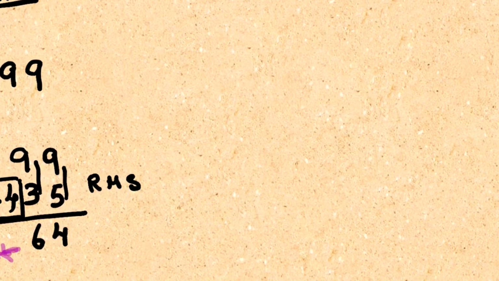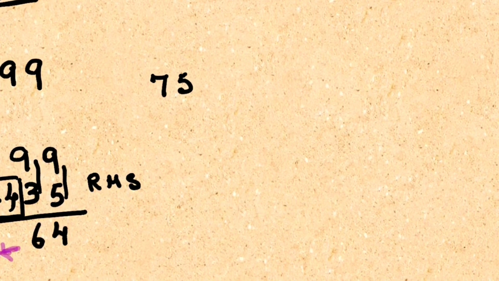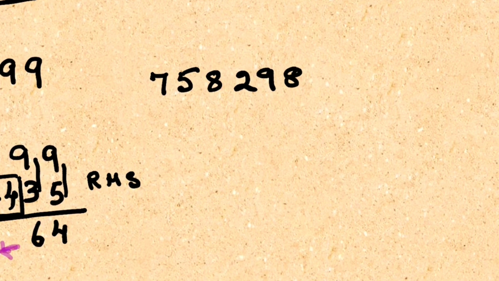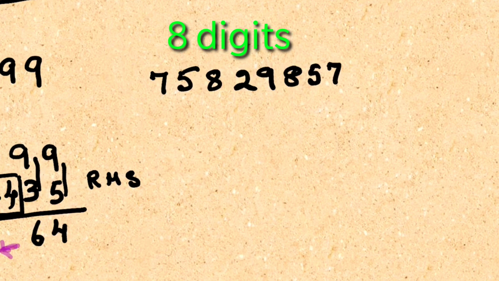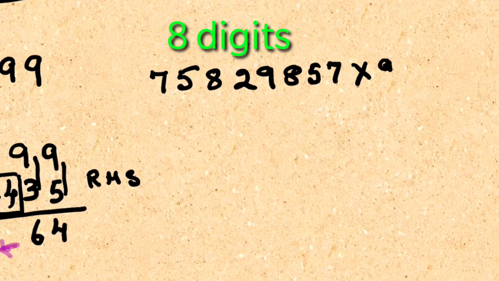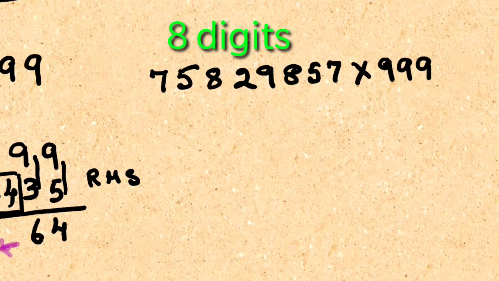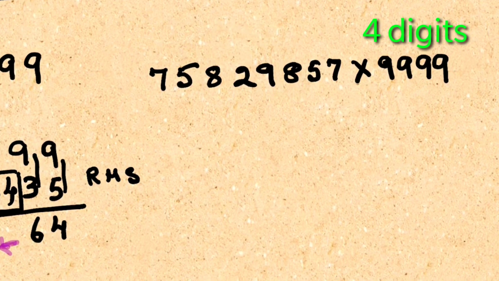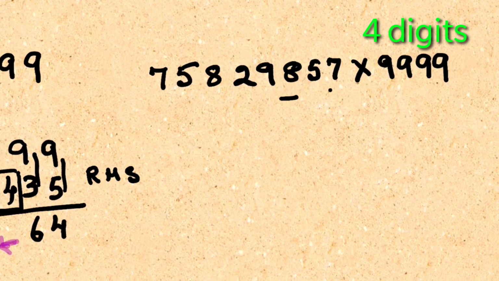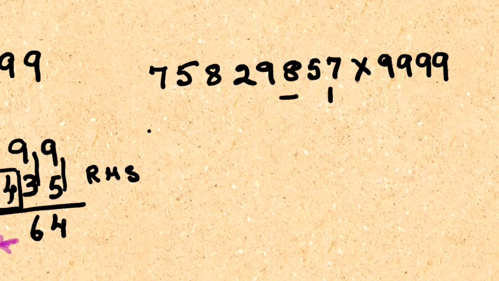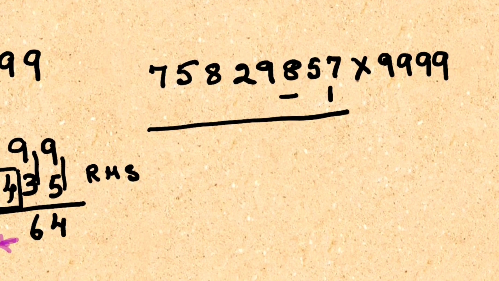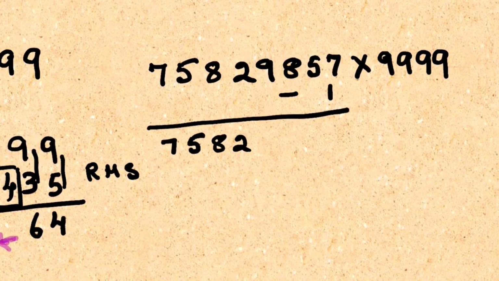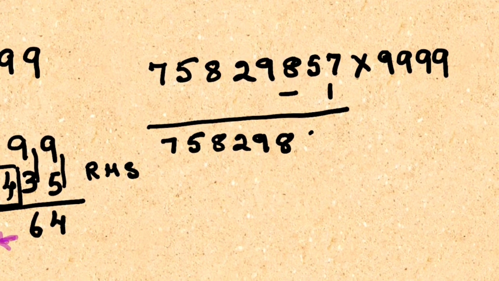Let it be 7, 5, 8, 2, 9, 8, 5, 7 multiplied by 9, 9, 9, 9. Now this is also case 3. What we have to do is, first of all, we have to minus 1 from this number. What we get? 7, 5, 8, 2, 9, 8, 5, 6.